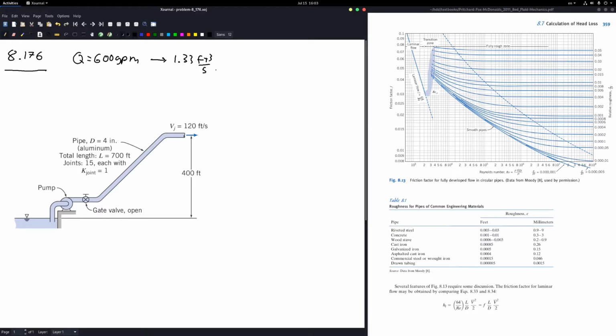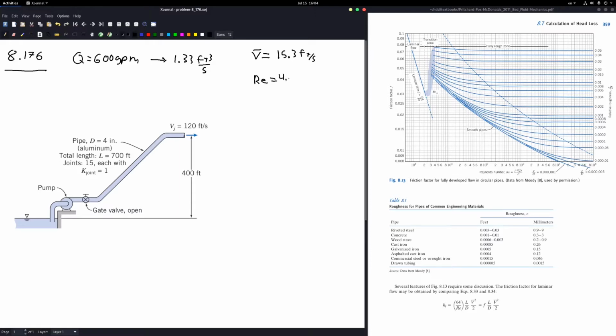Now the next thing to do is that we can do some quick little conversions just to make our further calculations a lot simpler. So this 600 gallons per minute can be converted to 1.33 cubic feet per second. Because we know the desired volumetric flow rate, we can also find the average velocity, since we're assuming a constant area cross section throughout the piping.